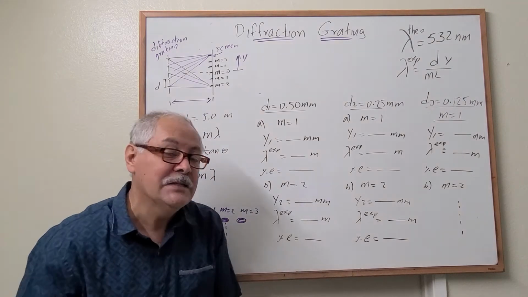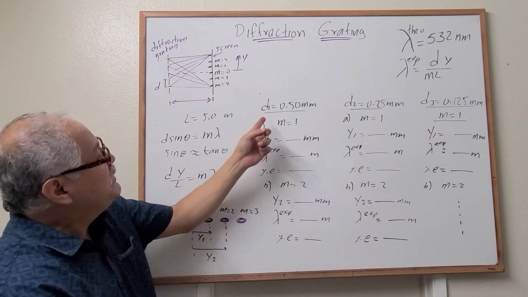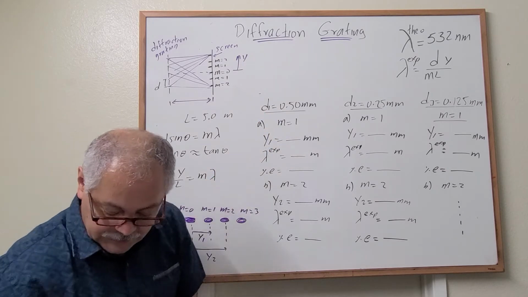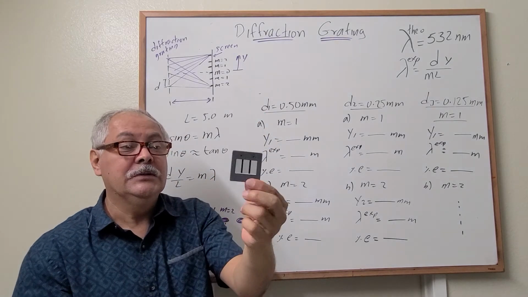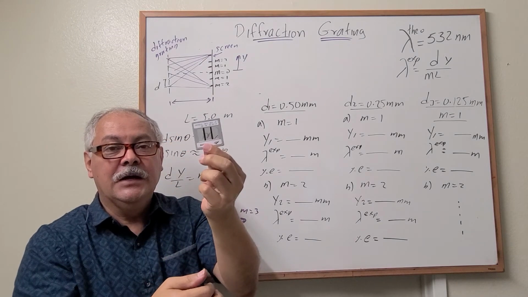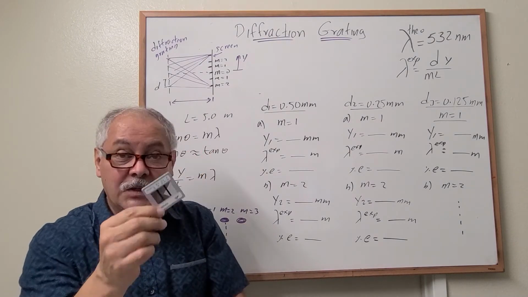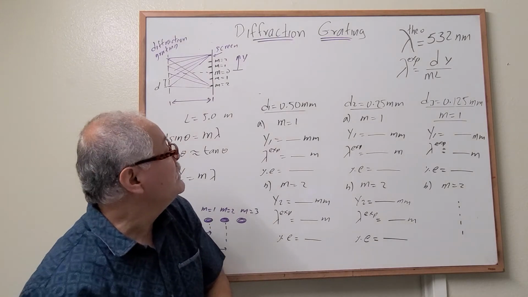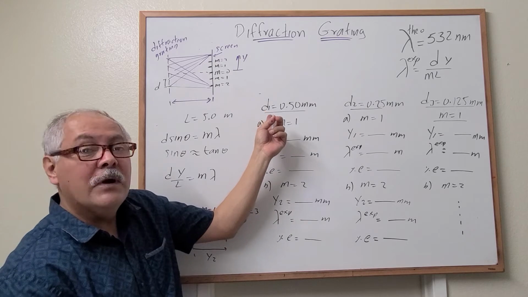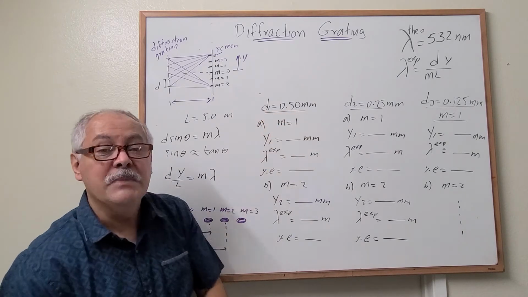Perfect. We have 3 cases. We have this diffraction grating, to make sure that you are familiar with it. We have 3 different diffraction gratings. Let's take the case when d1 is 0.15 millimeters.